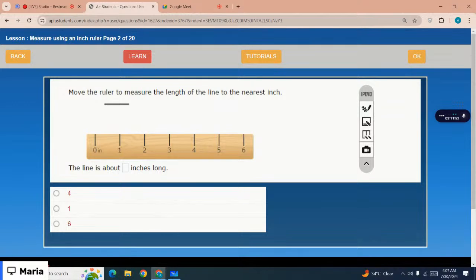Yes, the line is just about 1 inch. The correct option is 1 inch.